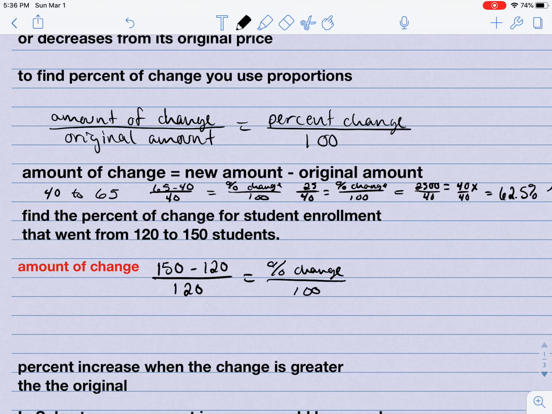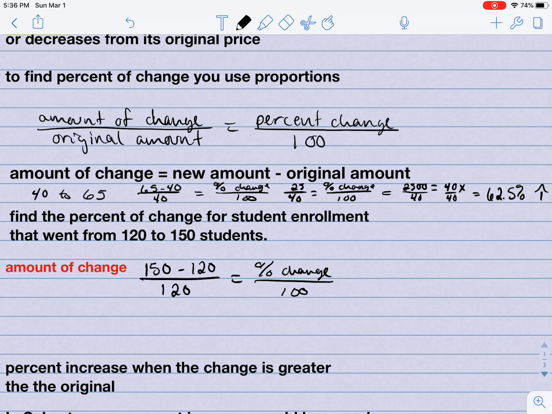Okay, so 150 minus 120 is going to leave us with 30. That's going to be over 120. That's going to equal percent change over 100. I'm just going to change percent change to x.